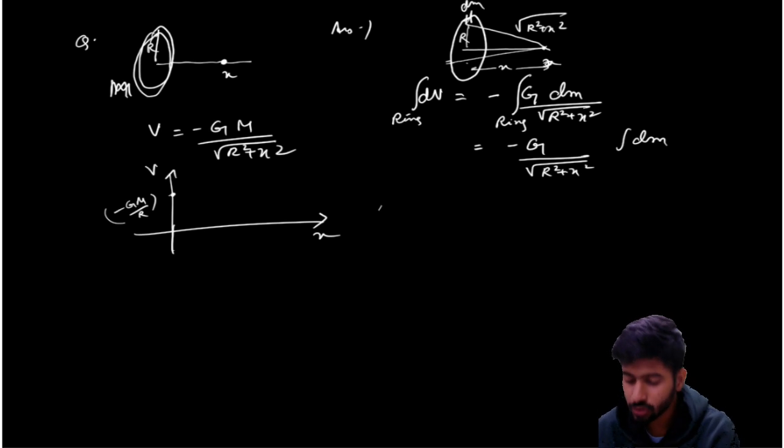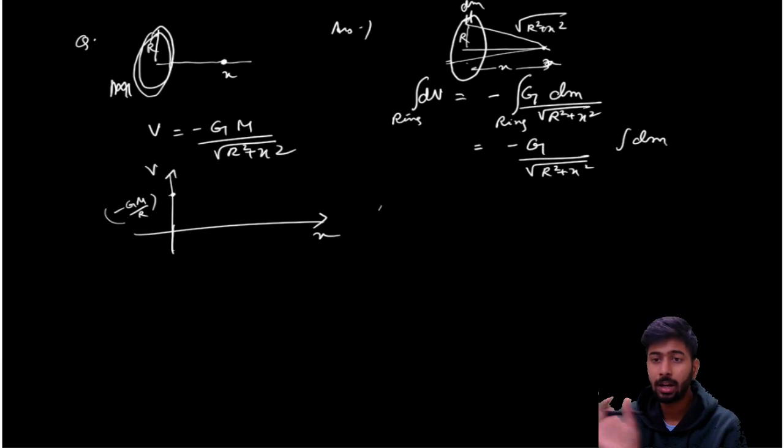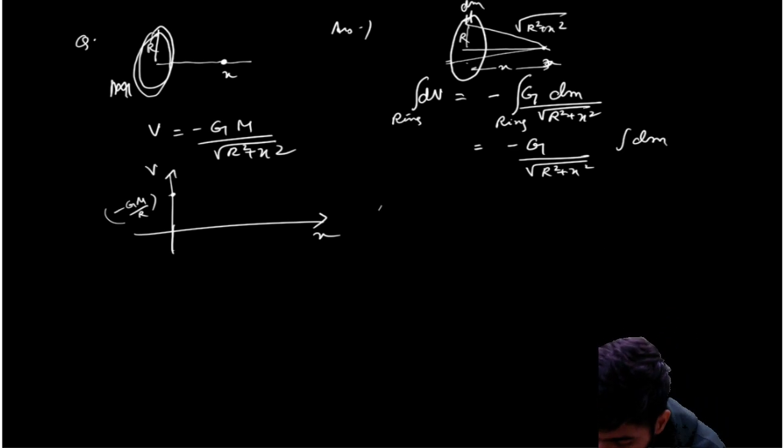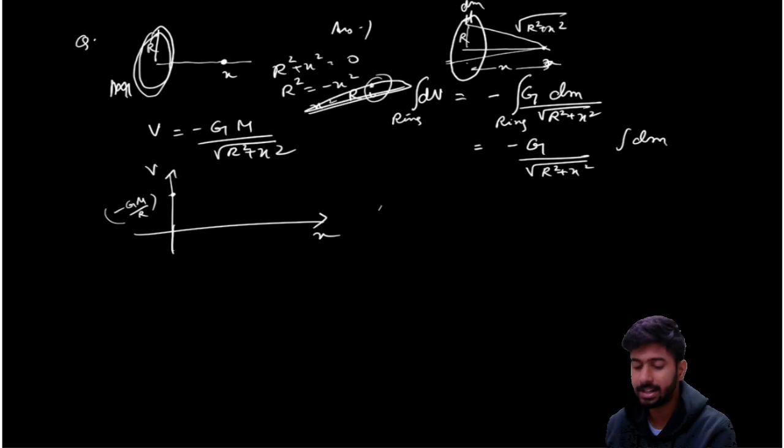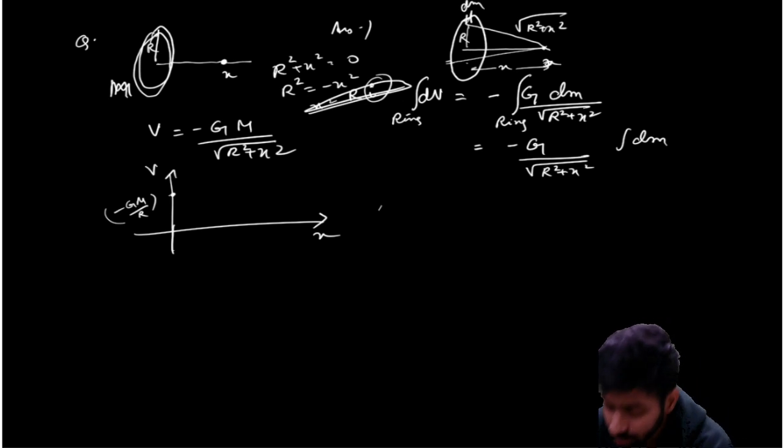And then as x tends to infinity, the denominator will tend to infinity, right? So this should be negative of something, right? If r square plus x square has to be 0, then r square will be equal to minus x square, and then x will be r into i, some complex number, right? This is not possible. You can't have a denominator 0 in this case. That means it is continuous, and it's continuously tending to 0.